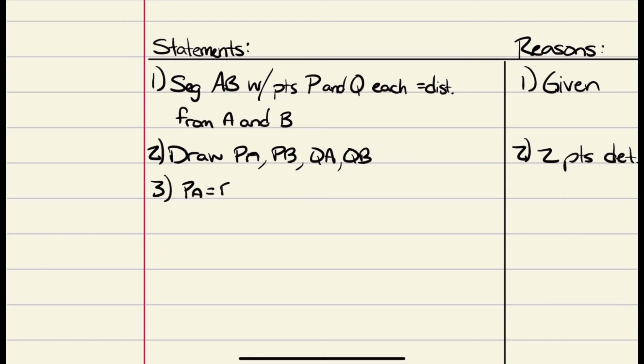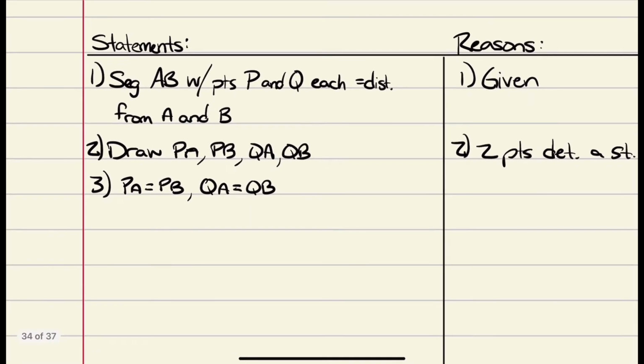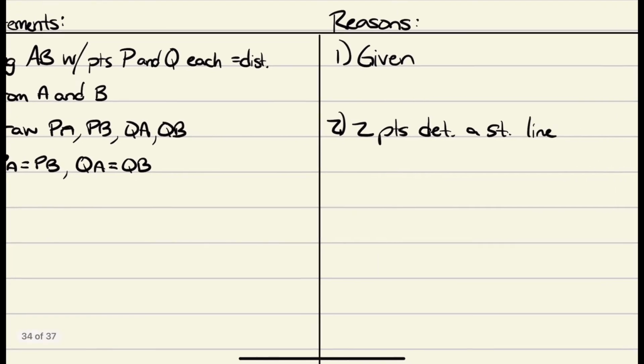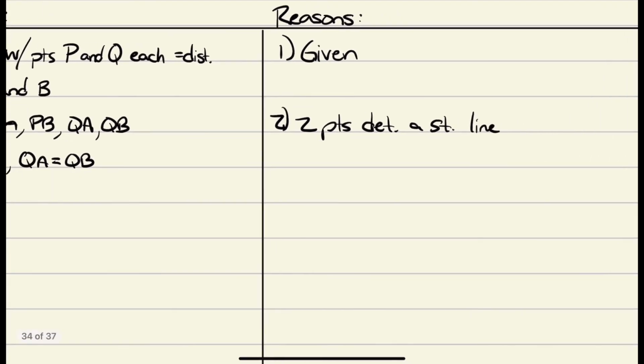Well, we're told that these points were equidistant from the ends of this given line. And so that's just the definition of being equidistant. They would be equal to each other. So we could say definition of equidistant.